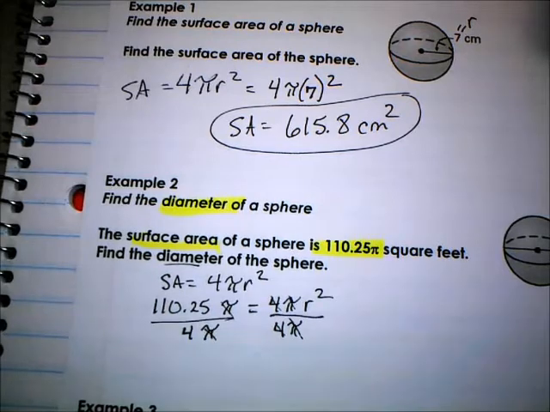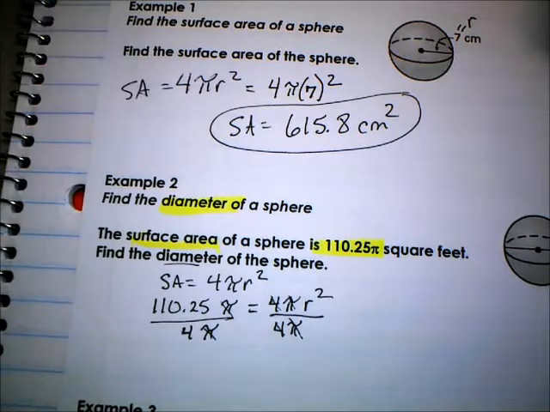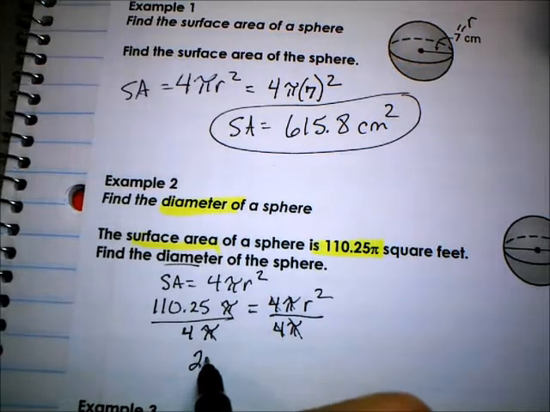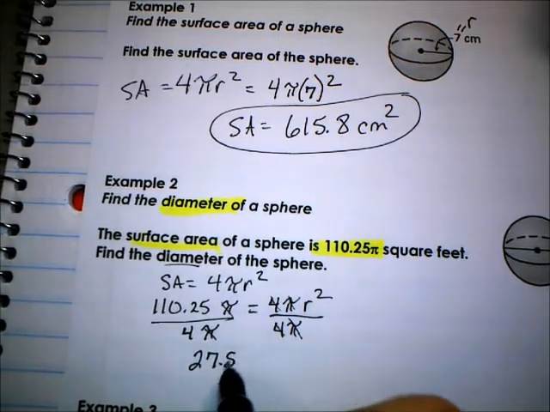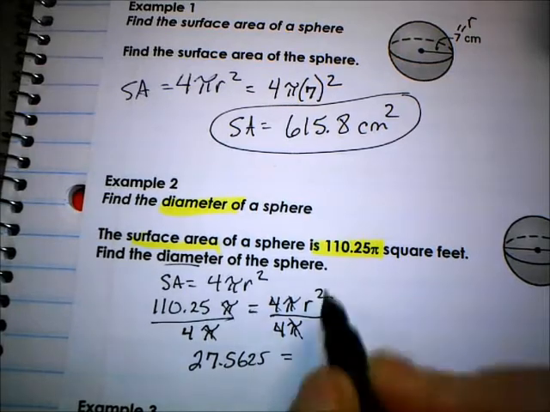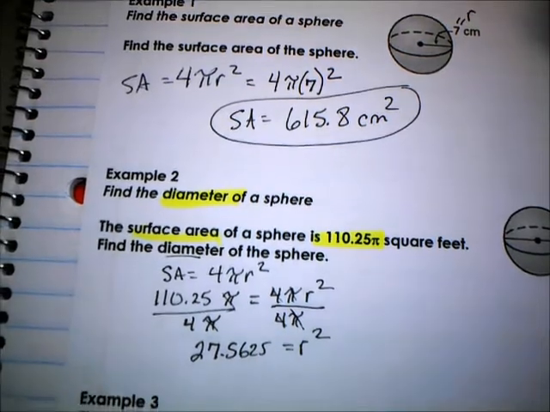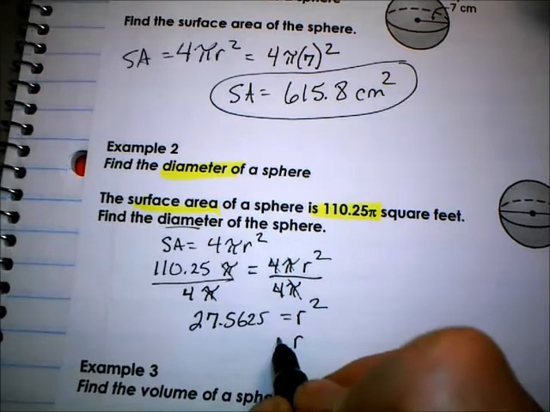So basically I'm just dividing 110.25 by 4. Oops. There we go. And it shows that this is 27.5625, and that will be equal to my r squared. So I need to find r, so I'm going to take the square root of this number.